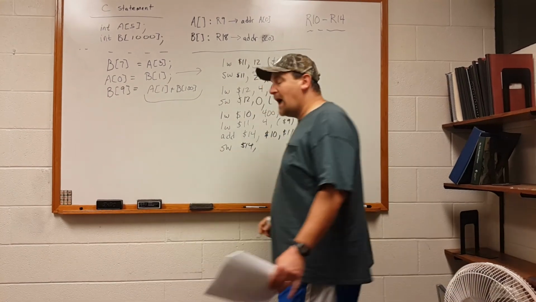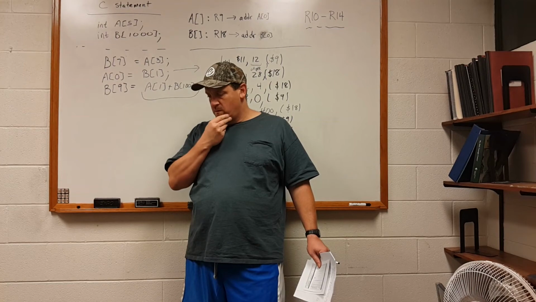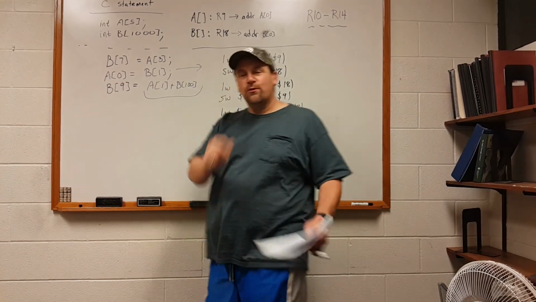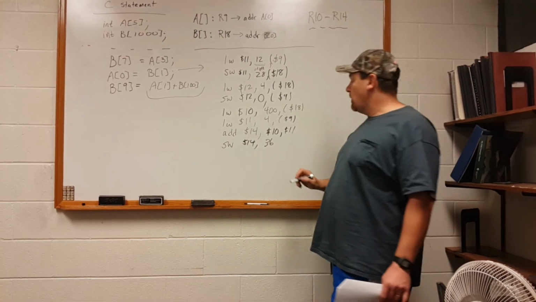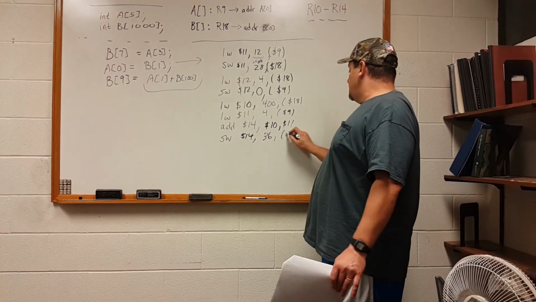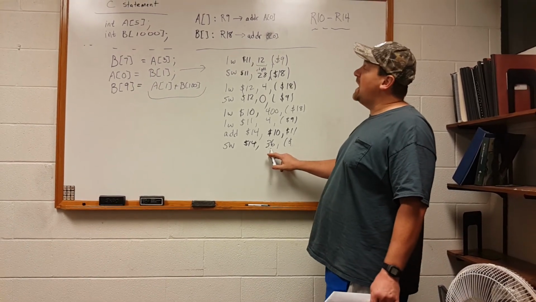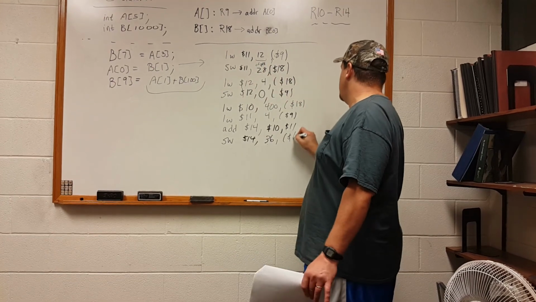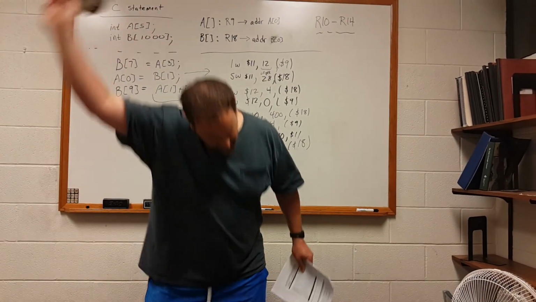So we're going to need 9 times 4. That's 36. 36! 9 times 4. Then we're going to store it into the 36 bytes beyond the address of B, which is 18. 18. Thank you.